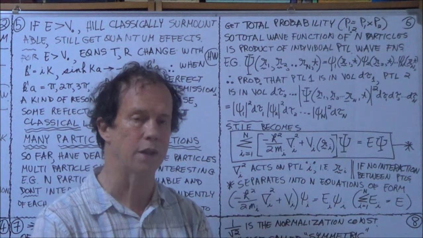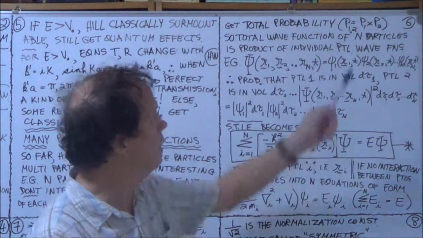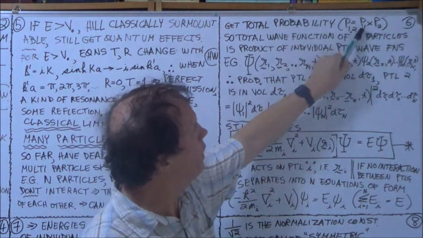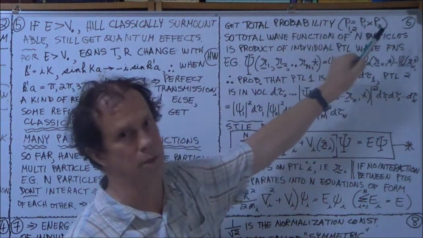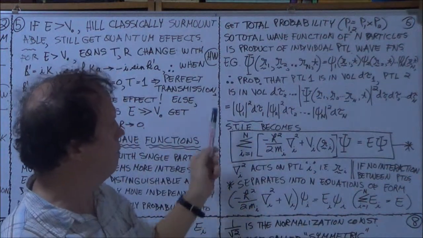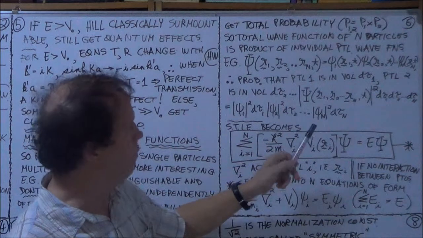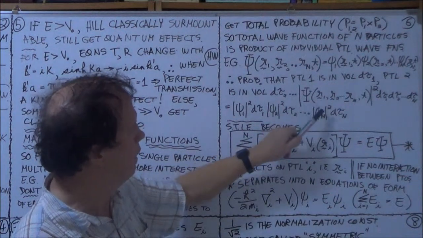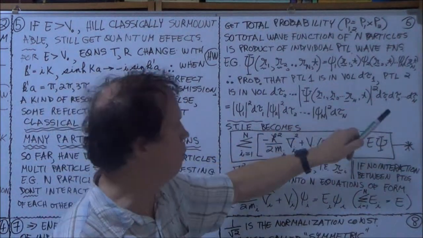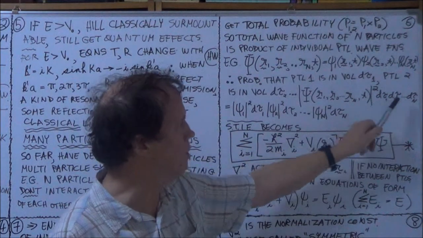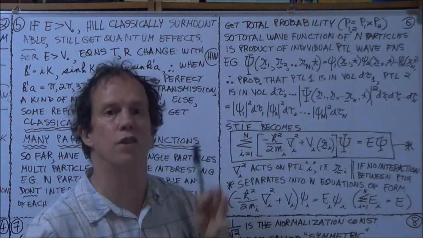When you have independence, you just multiply the two probabilities. So the probability of 1 and 2 happening is the probability of 1 happening times the probability of 2 happening. So similarly, what's the probability of finding particle 1 in this volume, d tau 1? What's the probability of finding particle 2 in this volume, d tau 2, etc.? And they're all independent of each other, so you just multiply them.